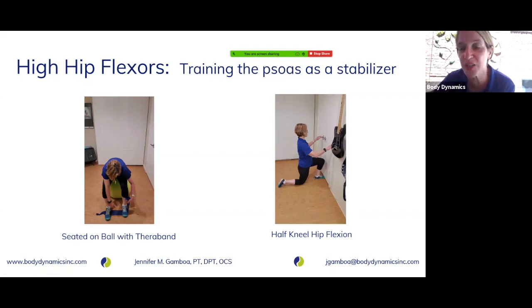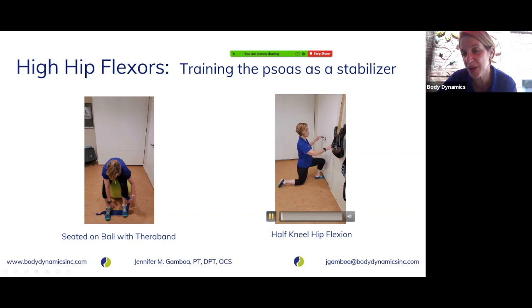And so what you'll see me do is kind of exaggerate the open and then the close. So I'm telescoping or railroad tracking towards the target hip flexor for strength training, because we need to make sure that that psoas can stabilize in an open spiral as well as a closed spiral. So the seated one is the open spiral, the half kneel is a closed spiral. That's what you'll see me emphasizing.